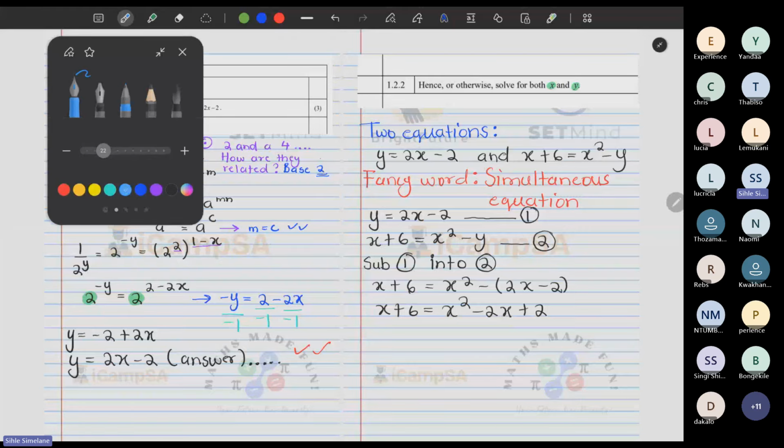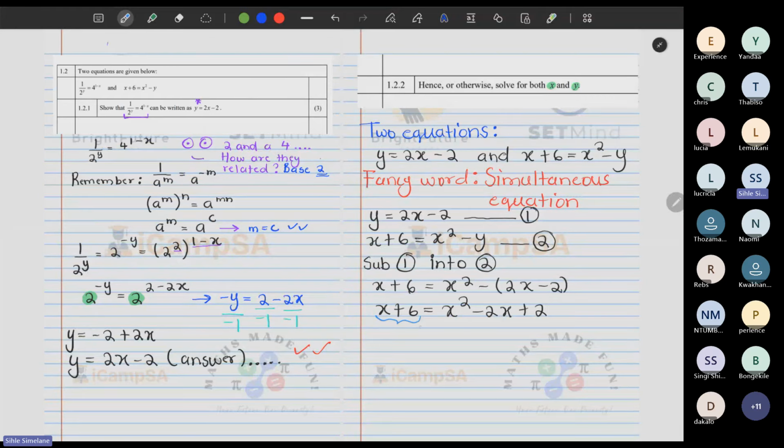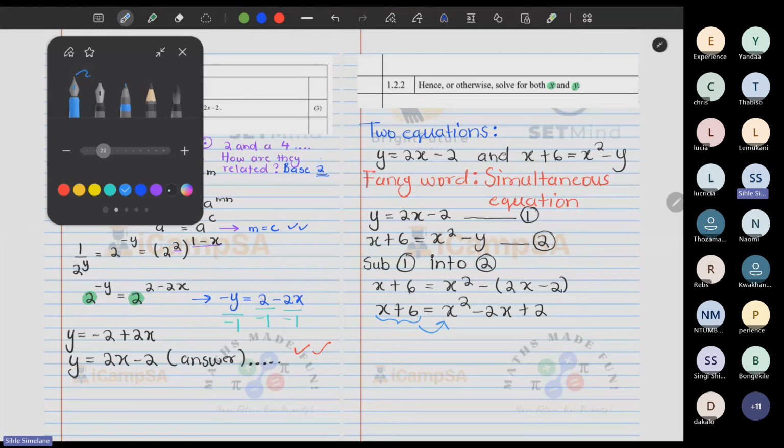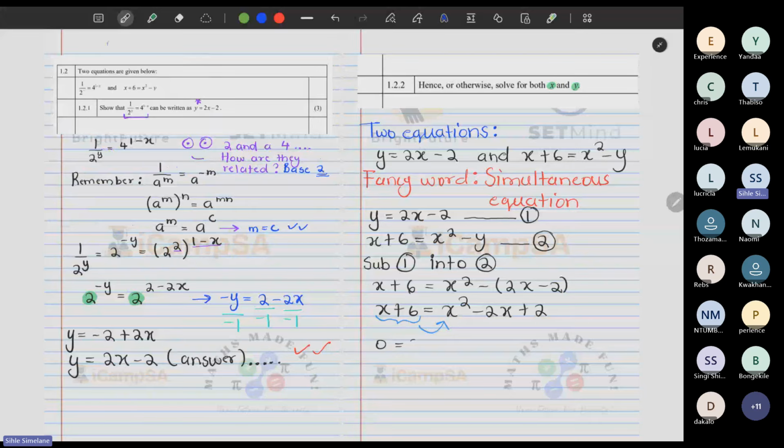Then obviously, guys, we've done this a lot of times. We need to take this to the other side and collect like terms. So we have 0 equals x squared minus 2x minus x plus 2 minus 6. And this will end up being x squared minus 3x minus 4 equals 0.